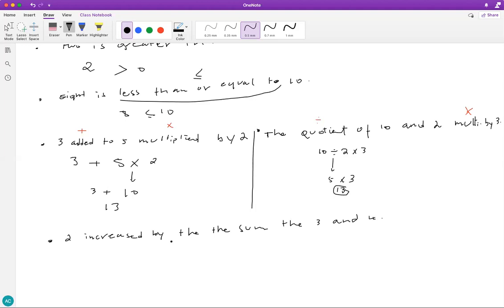So 2 increased by the sum of 3 and 4. This translates again word by word. Again, increased means to increase. Addition. To increase something is the opposite of decrease, so addition.